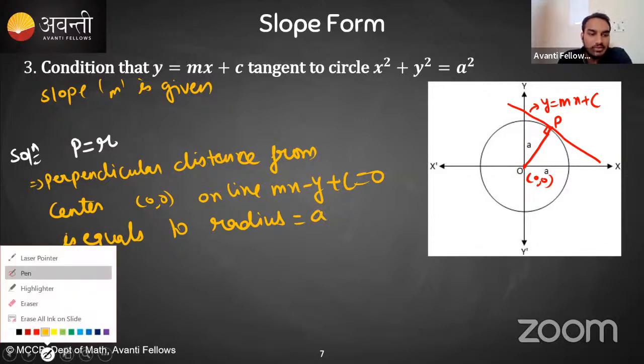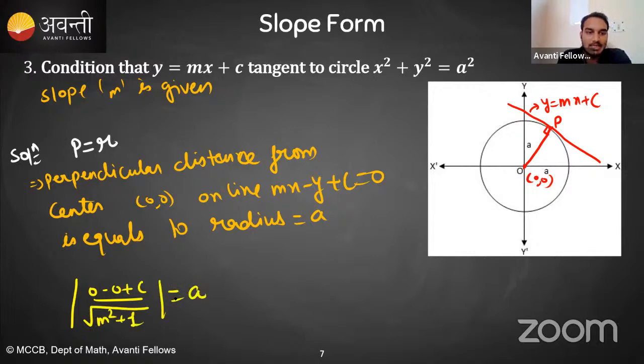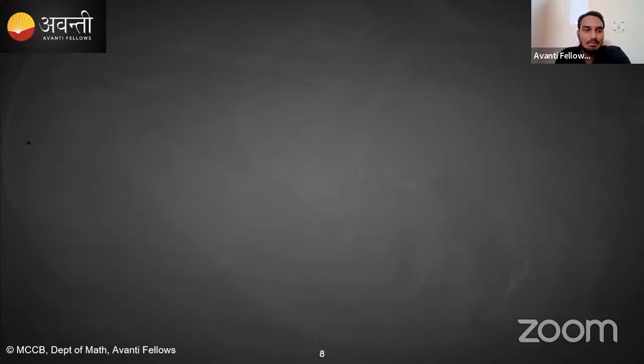The perpendicular distance is |ax₁ + by₁ + c| upon √(a² + b²). Similarly, put (0, 0) in the equation of the line: |0 − 0 + c| upon the square root of the coefficient of x² plus the coefficient of y² should be equal to the radius a, right?